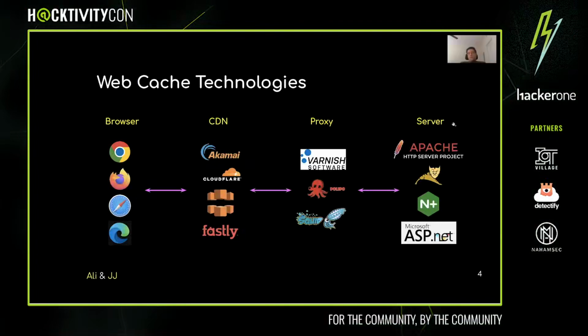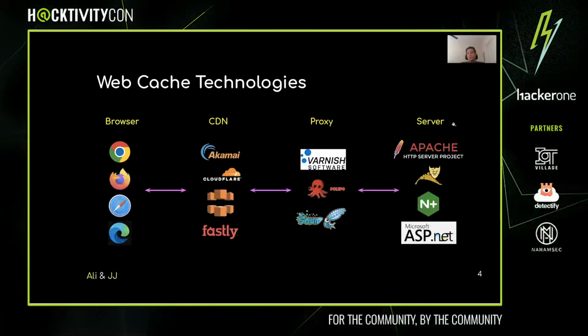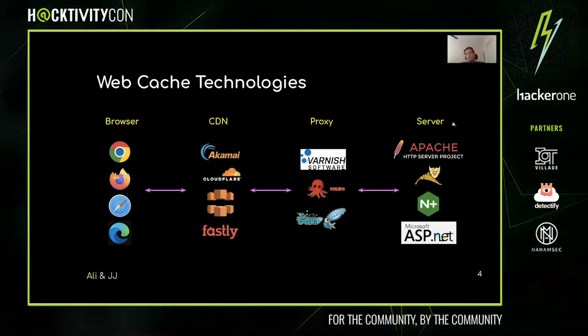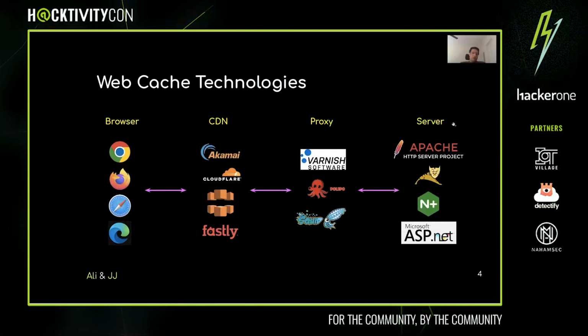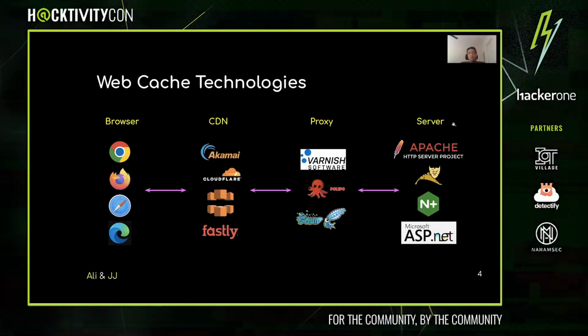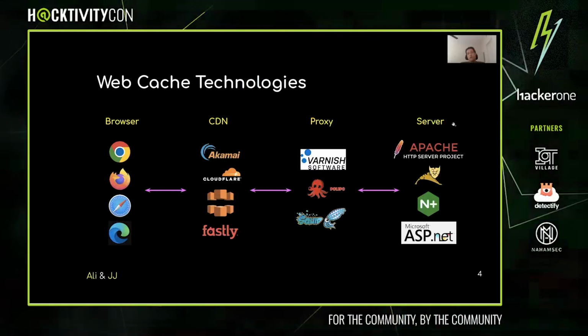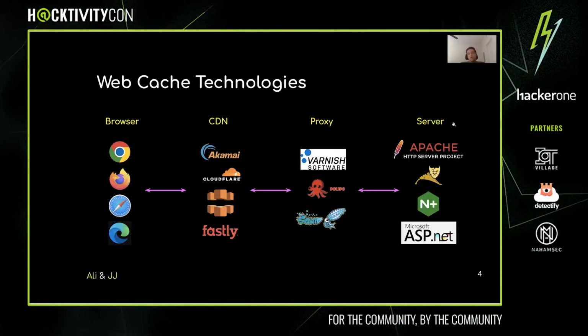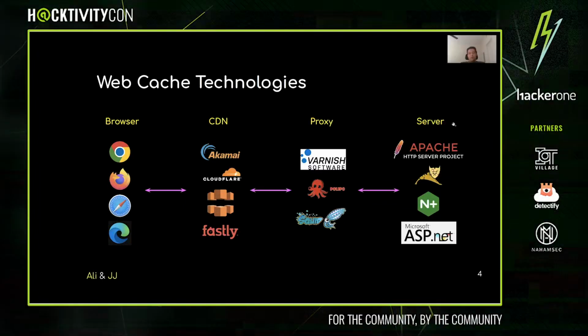Basically, web caches have become an essential component of internet infrastructure with lots of use cases, such as reducing bandwidth. Studies show that about 74% of the Alexa top 1,000 currently use CDN providers and web caches.